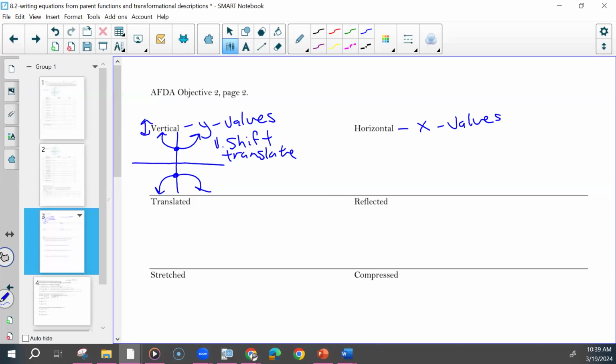Or vertical shift. Okay. Horizontal shifts move left and right.